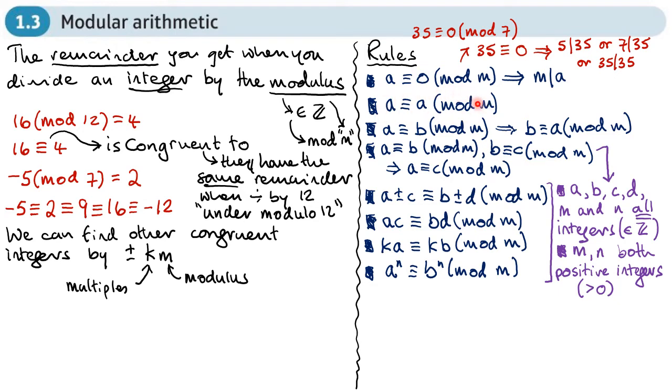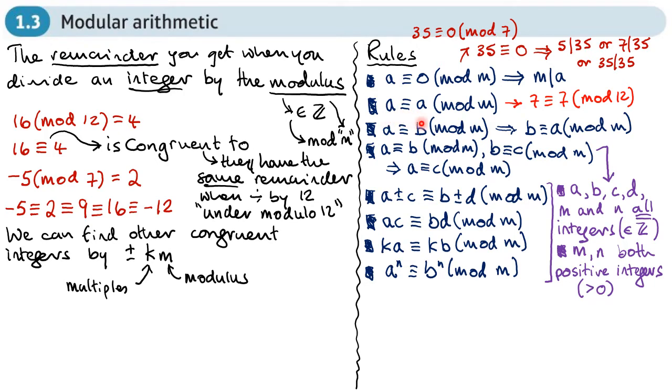Second one basically means that any number is congruent to itself under a particular modulus. So here's an example. Let's say we have 7 is congruent to 7. Well, that could be under any modulus. Would it have to be a modulus greater than 7? So let's say mod 12. Every number is congruent to itself.